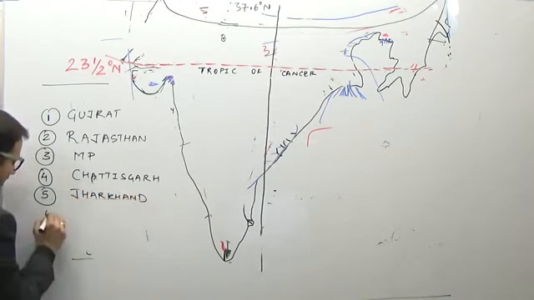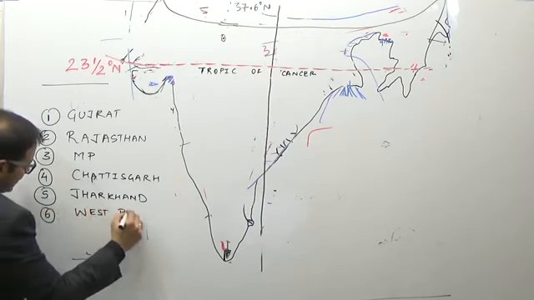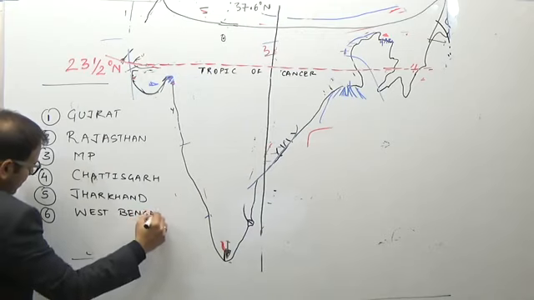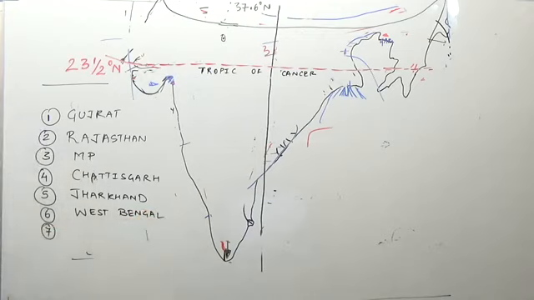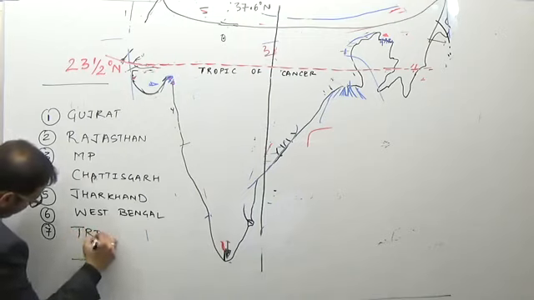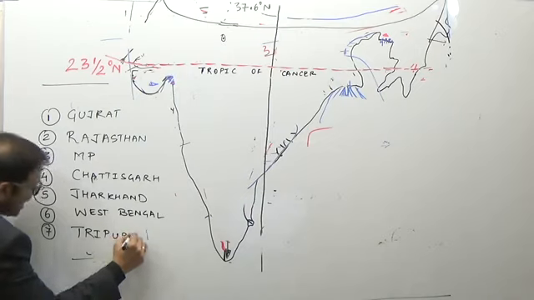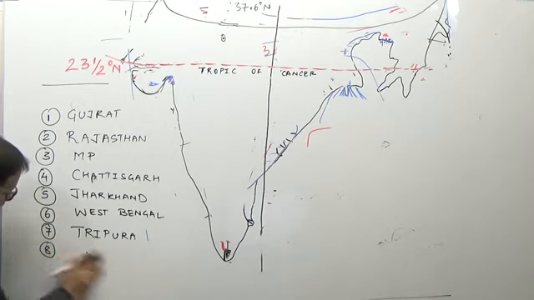The sixth state is West Bengal. The seventh state is Tripura. And the eighth and the last state is the state of Mizoram.